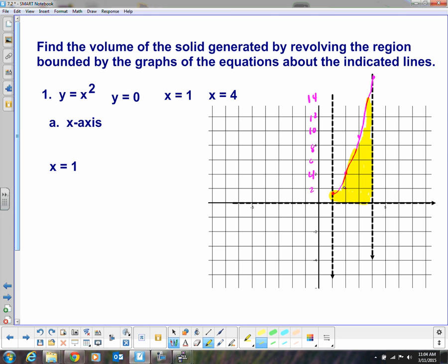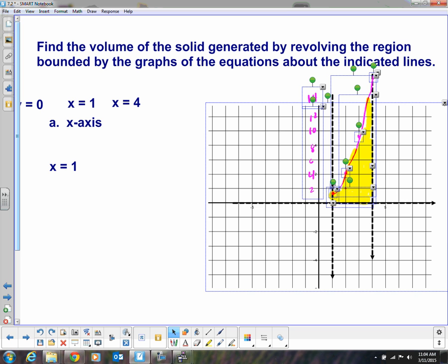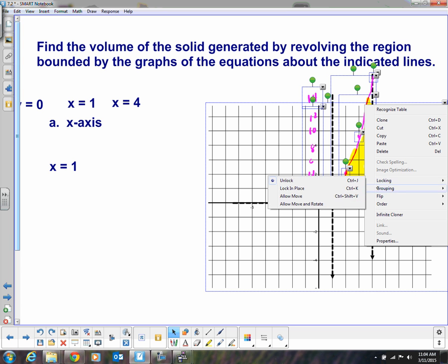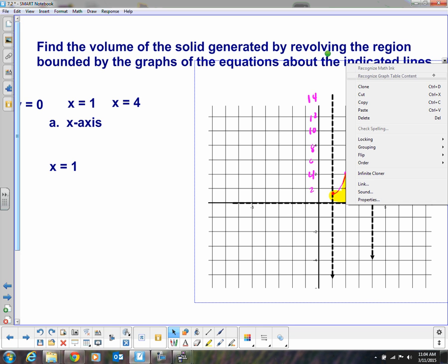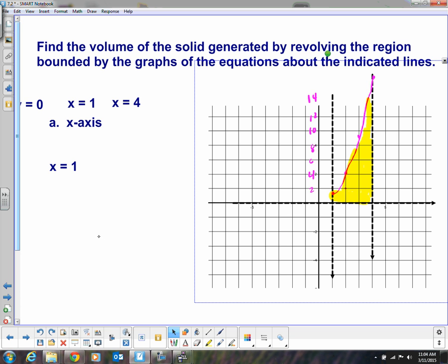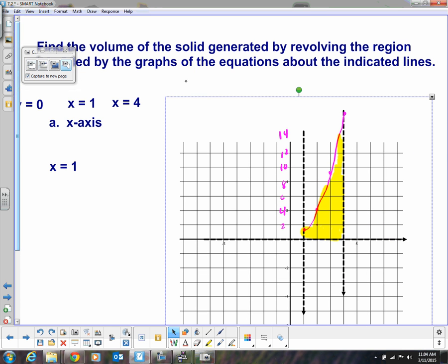Are you with me? All right, so I am going to move all of this, and I am going to group this. And then I am going to copy it because we're going to be using this over and over again. All right, and in fact, I'm going to use my little camera and take a picture just of this.